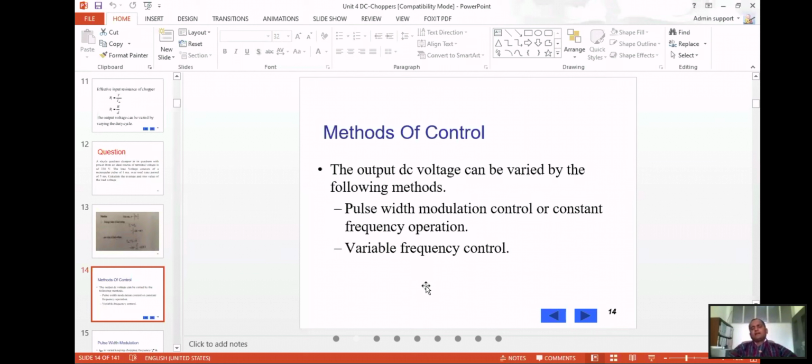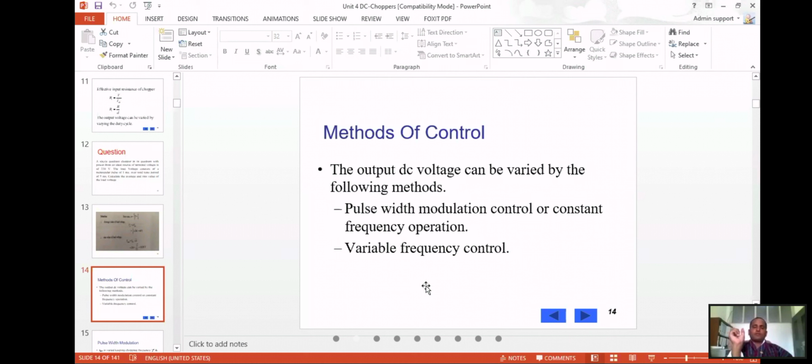The other one is variable frequency control, where your frequency can be changed, but one of the variables is kept constant. Let's say T on time is kept constant. If T on time is kept constant and the frequency is varied, then you can change the output voltage. But there are certain disadvantages of using the second one, variable frequency control.